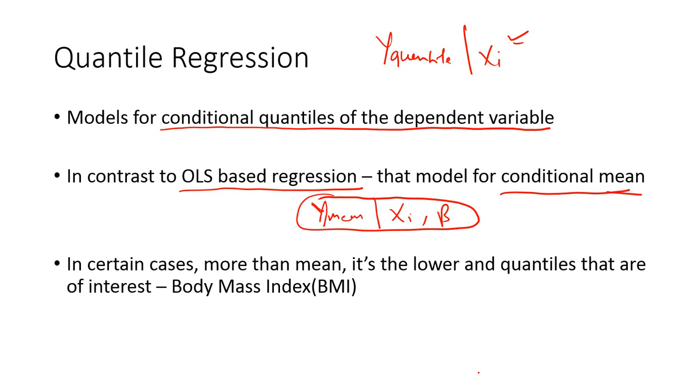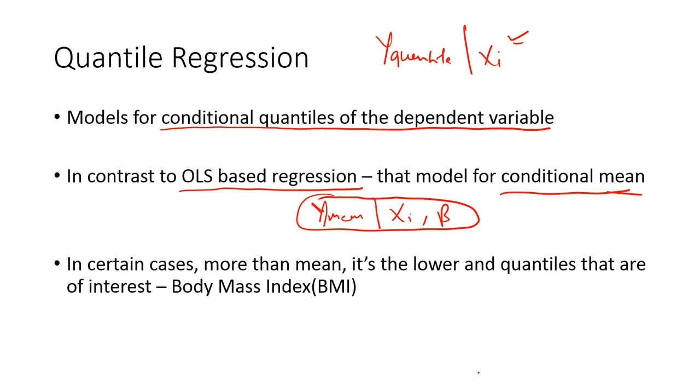Similarly, how does the smoking habit of the mother impact child weights in the lower quantile and in the higher quantile, or in the lower set of observations and higher set of observations, where observations are ordered in terms of their weights.